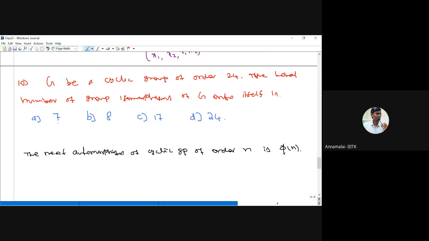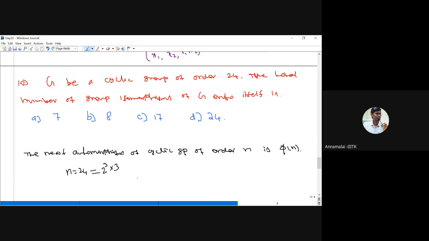So in this case n equals 24. First you have to write 24 as a product of prime powers. So this is 2 cube into 3, since 8 into 3 is 24.